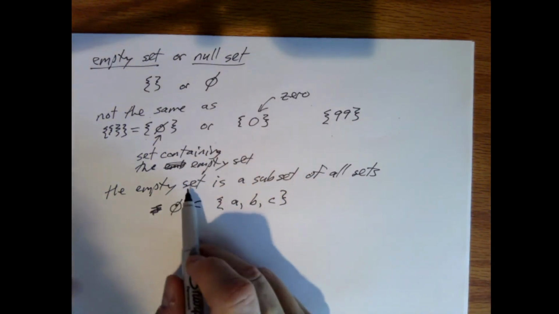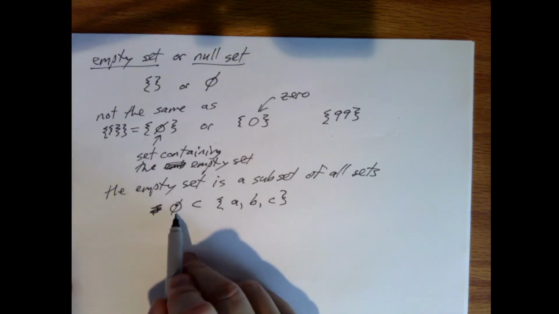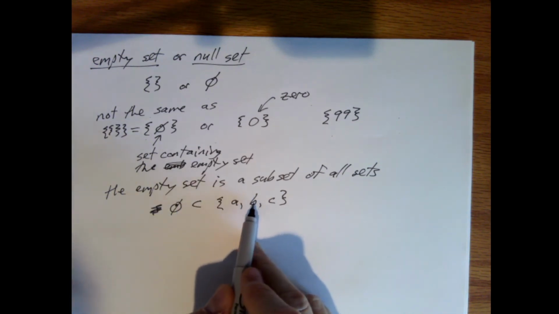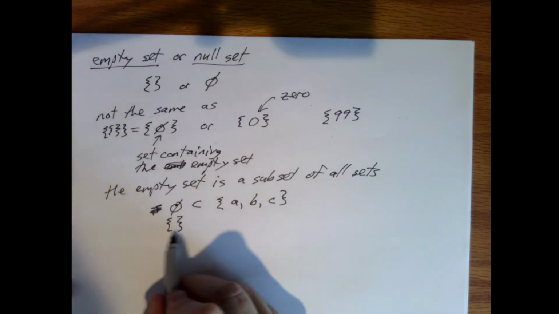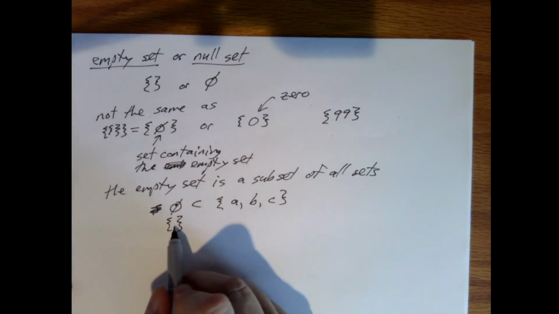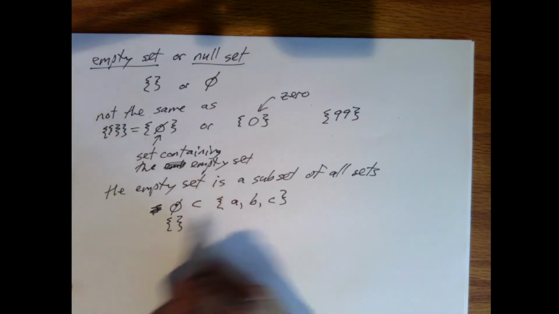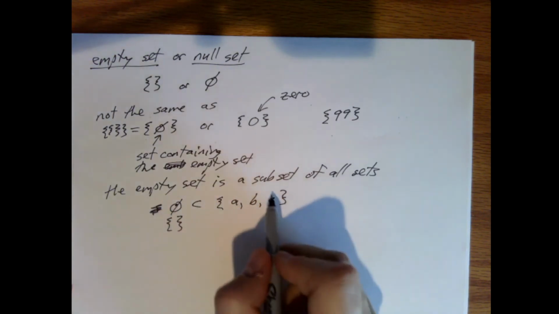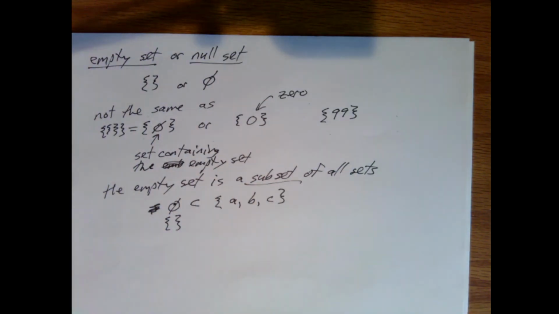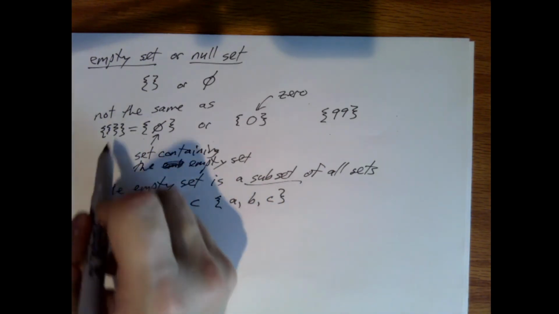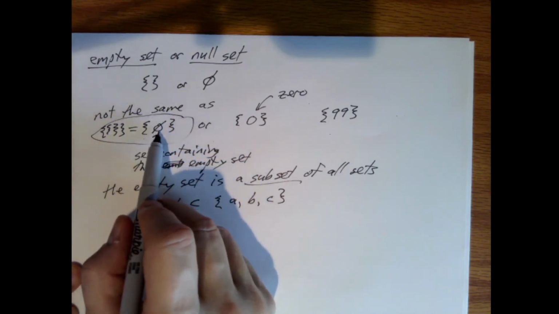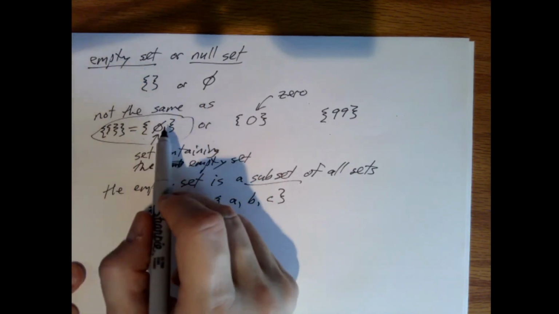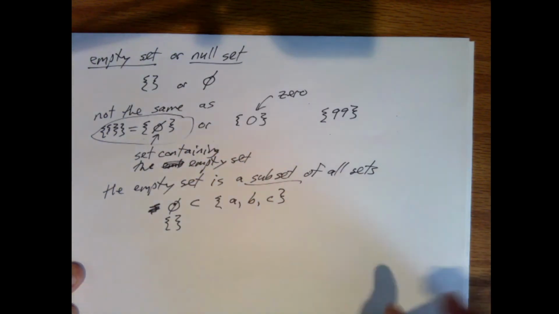But remember, our definition was that this contains nothing not present here. So if I write it this way, which conceptually makes more sense to me, I'm looking and saying, well, is there anything here that I can't find here? No. Which is why this is considered a subset of all possible sets. Okay? So once again, it is possible to have an empty set within a set. So a set containing the empty set.